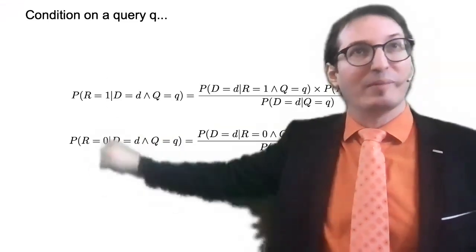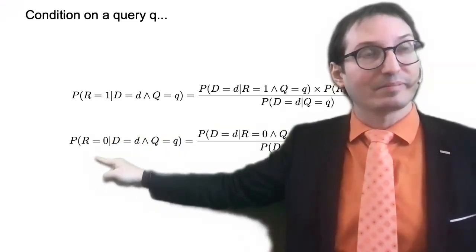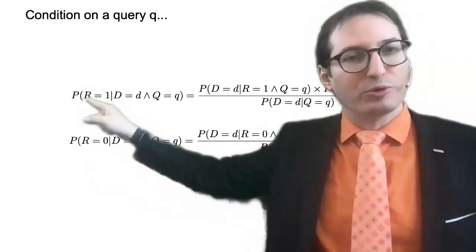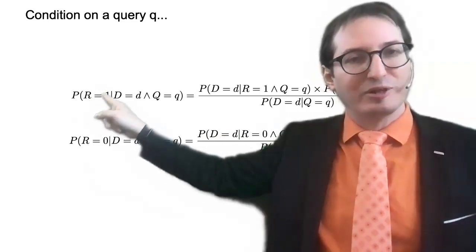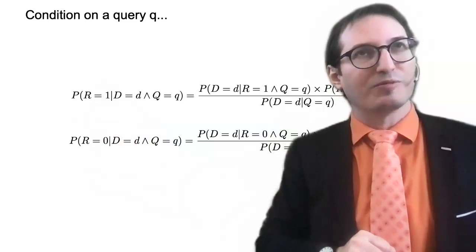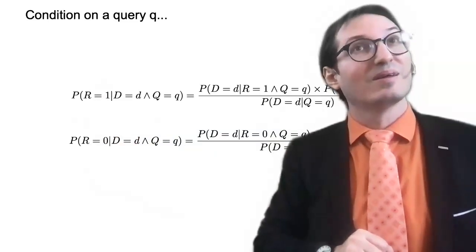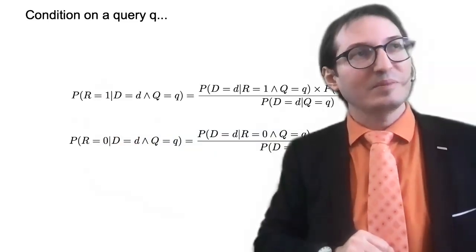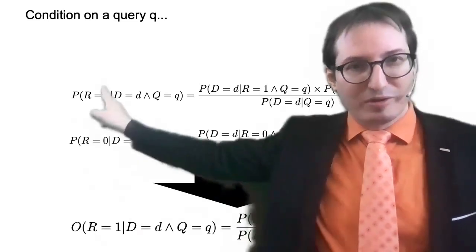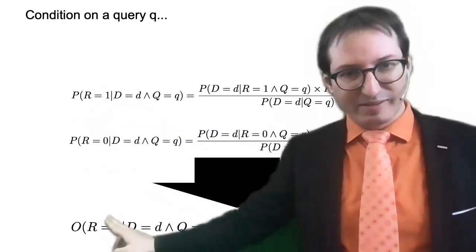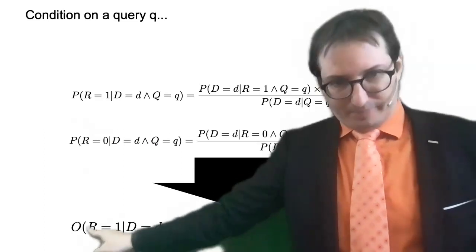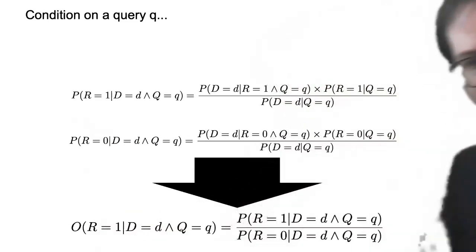Do you see that these are complementary to each other, right? What do I get if I compute the ratio of the probability of an event divided by the probability of its complement? Do you remember? It's the odds, right?